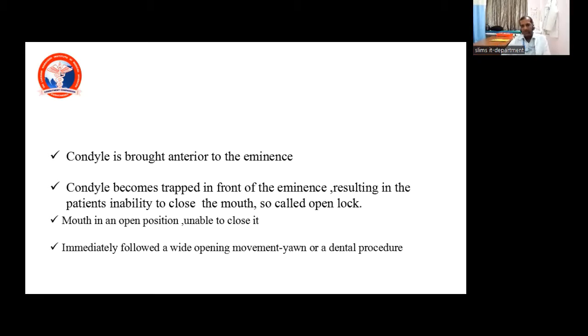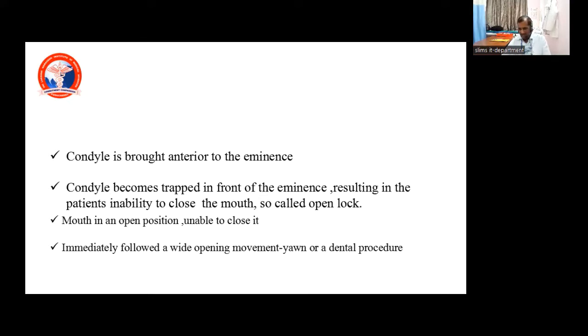And if the condyle is brought anterior to the eminence, what will happen is there will be a trap. That means the condyle becomes trapped in front of the eminence, resulting in the patient's inability to close the mouth.